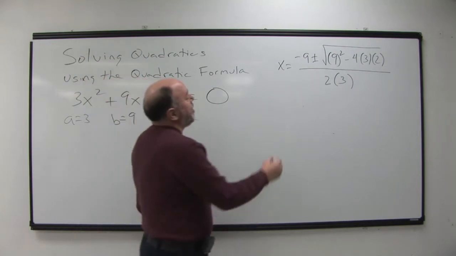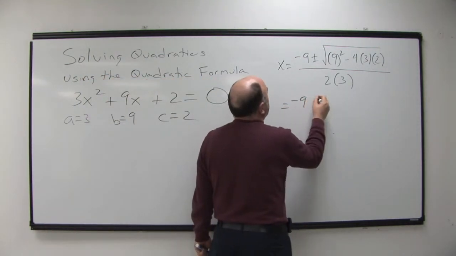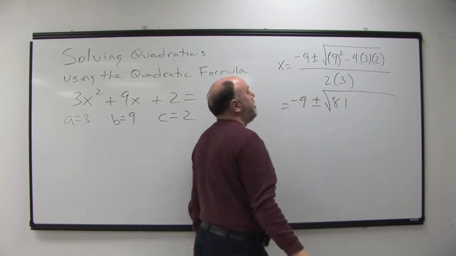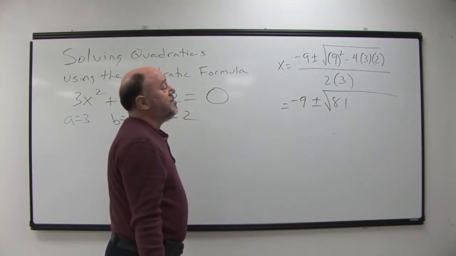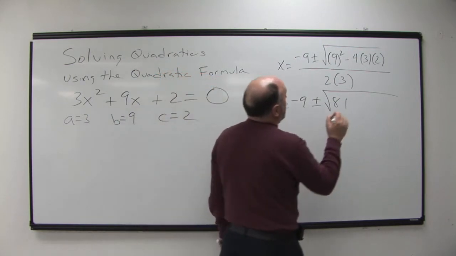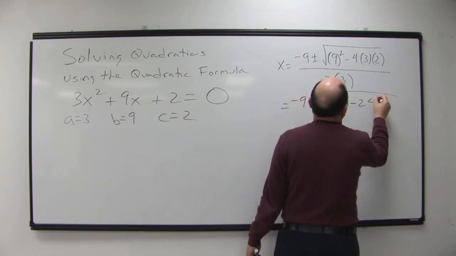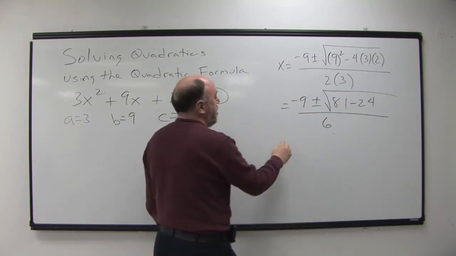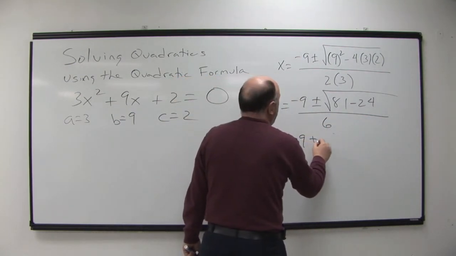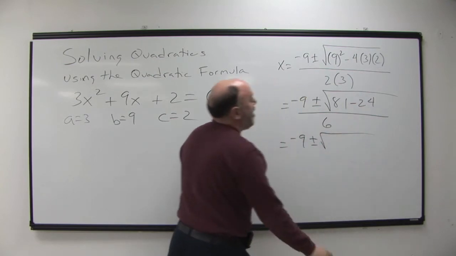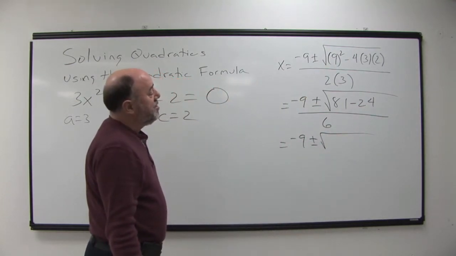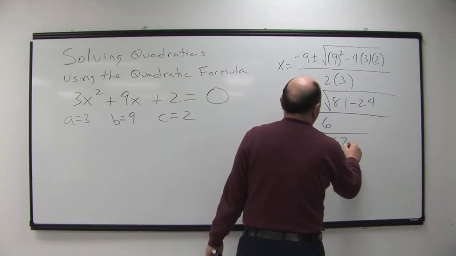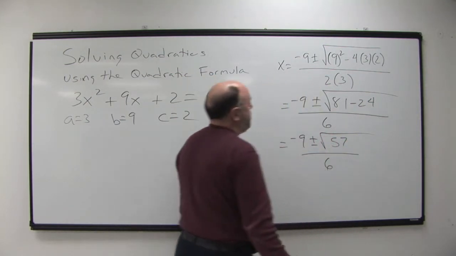So x is going to be minus 9 plus or minus the square root of 9 squared, which is 81, minus 4 times 3 times 2, which gives us 24, over 6. Simplifying our radical part, we get 81 minus 24, which in this case is going to be 57, over 6.